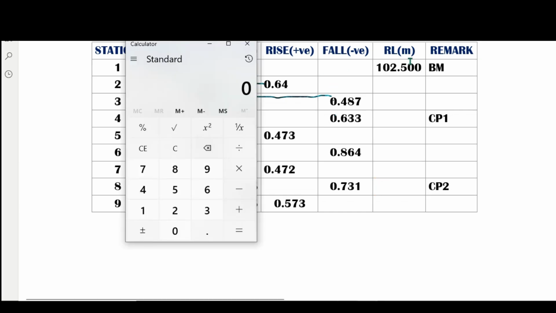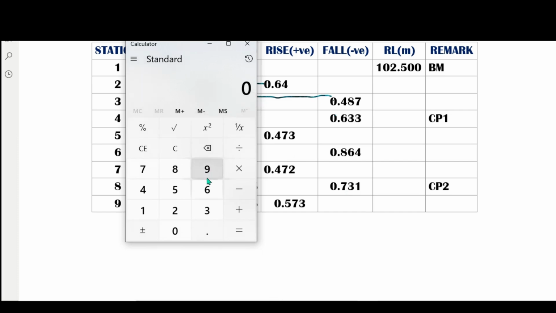To get this one, remember, 0.64 plus this RL gives you the next one, and then you subtract this from the previous, it gives you this one, subtract this from the previous, gives you this one, then add to this, it gives you this one, subtract, add, like that to give you the net reduced level. And that's how you need to work with it.